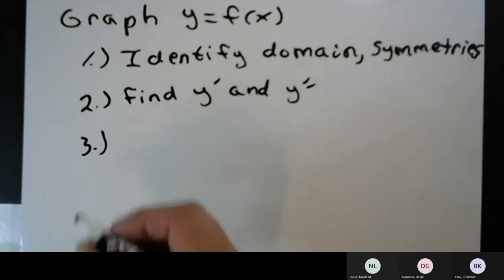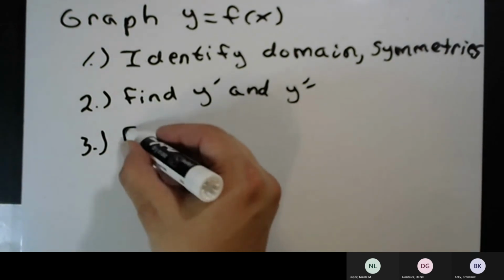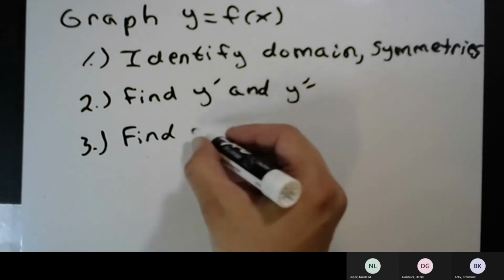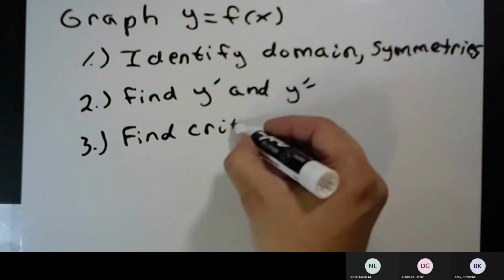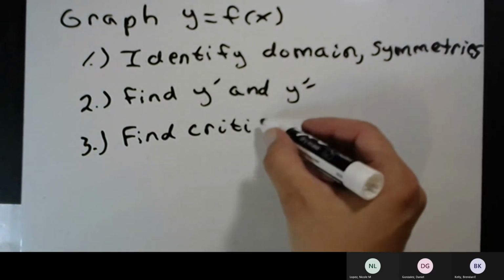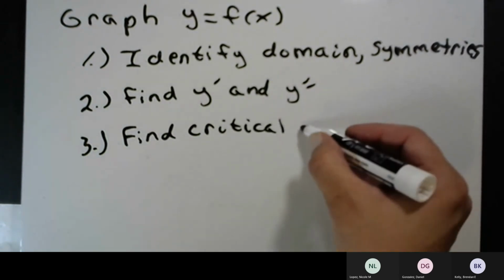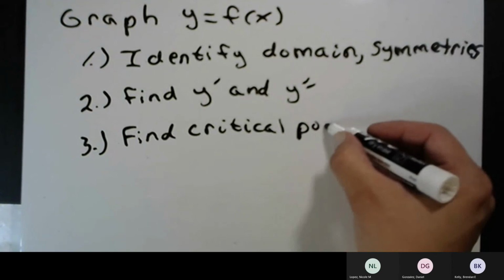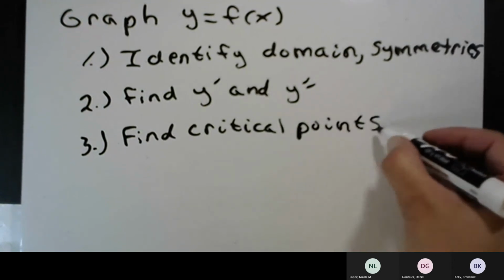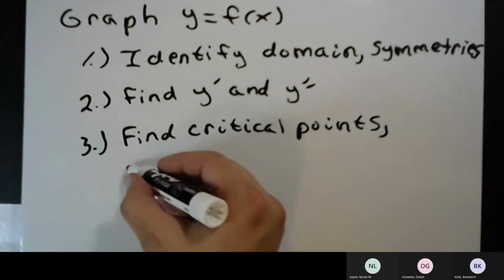Three, we want to find critical points. That's where the first derivative is 0 or undefined. And describe behavior.